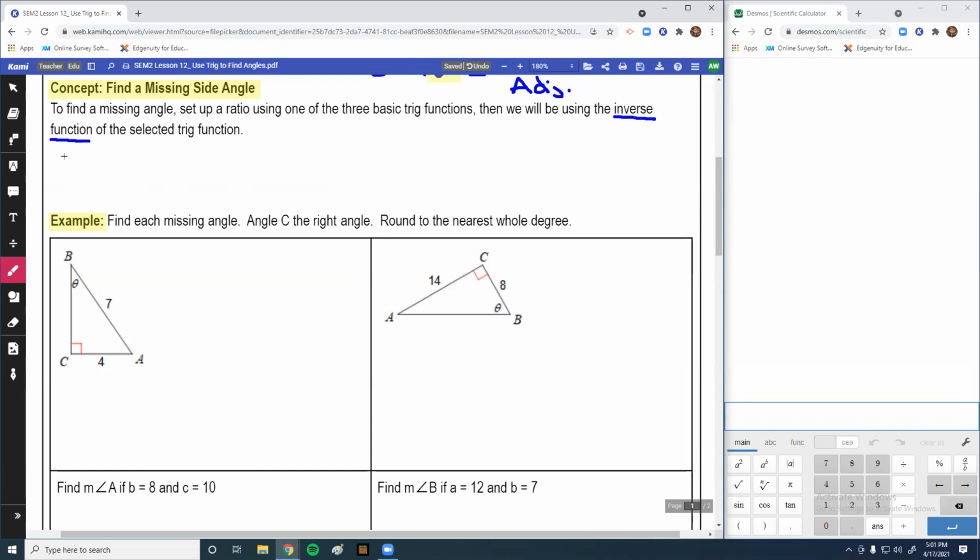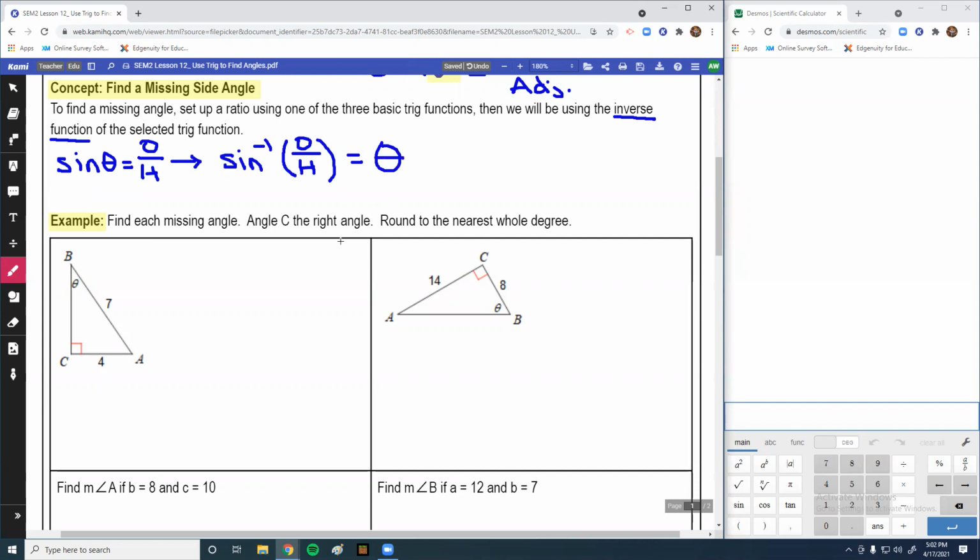So think of it like this. Sine theta is equal to opposite over hypotenuse. But to find the angle, we're going to do sine inverse, and inverse is denoted by -1, of opposite over hypotenuse is equal to theta.